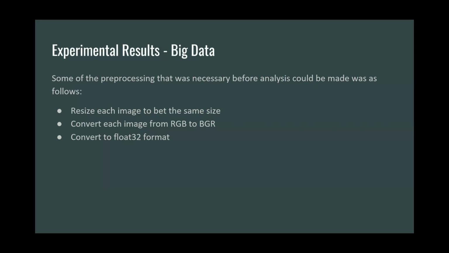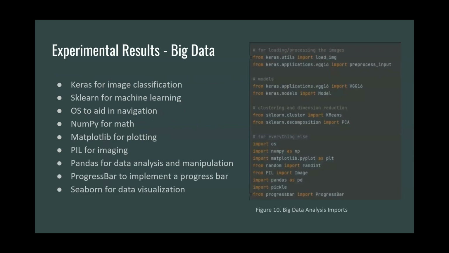For example, resizing each image to be the same size, converting the data type from RGB to BGR, and then converting the data to float32 format.